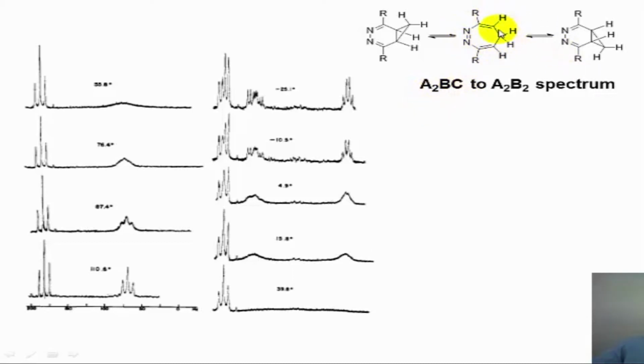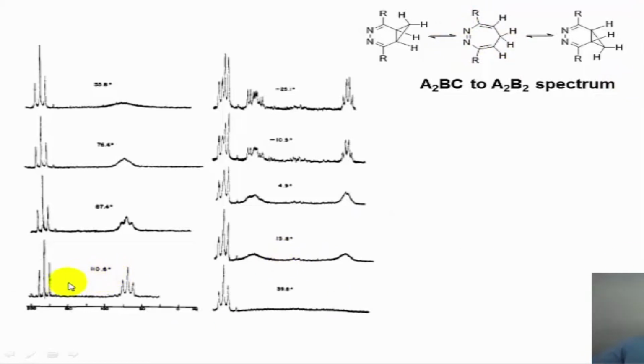If it sees this particular molecule, then it would show a spectrum corresponding to a simple A2B2, which would be a triplet and a triplet for this kind of system. When the molecule is undergoing a very rapid rearrangement between the two extreme structures, NMR would see an average of these two structures, which is equivalent to this particular structure, and that is what happens in this system.